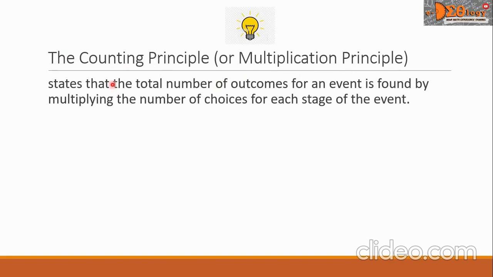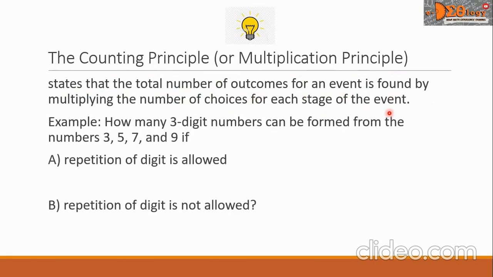Let us study the counting principle, or sometimes called multiplication principle. The counting principle states that the total number of outcomes for an event is found by multiplying the number of choices for each stage of the event. Let's have an example.